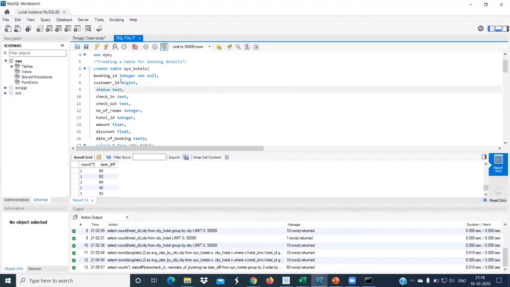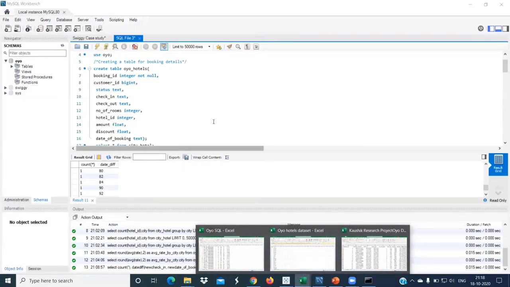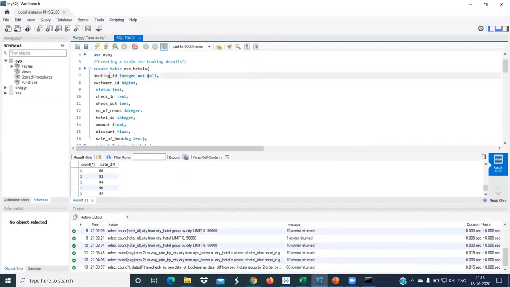The attributes should exactly match as given in the Excel sheet, that is the data set. The booking ID here consisted of a hyphen, so here also it should be exactly the same, and you should set the appropriate data types for all the attributes.